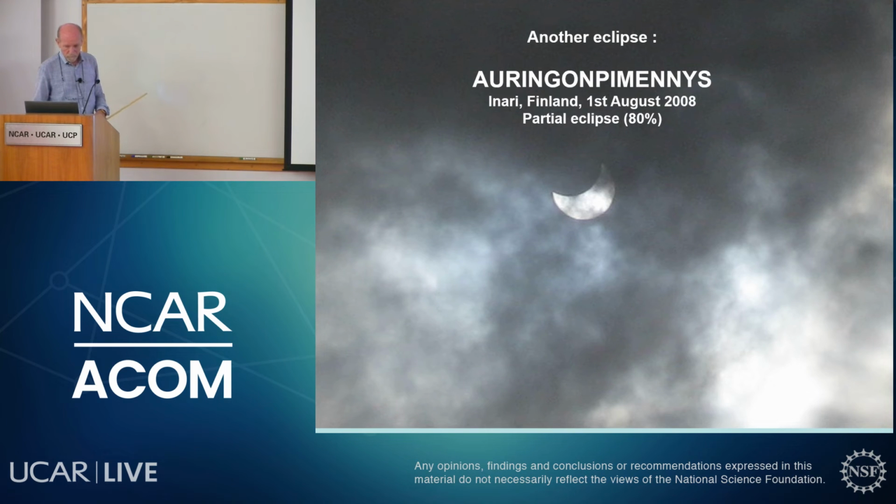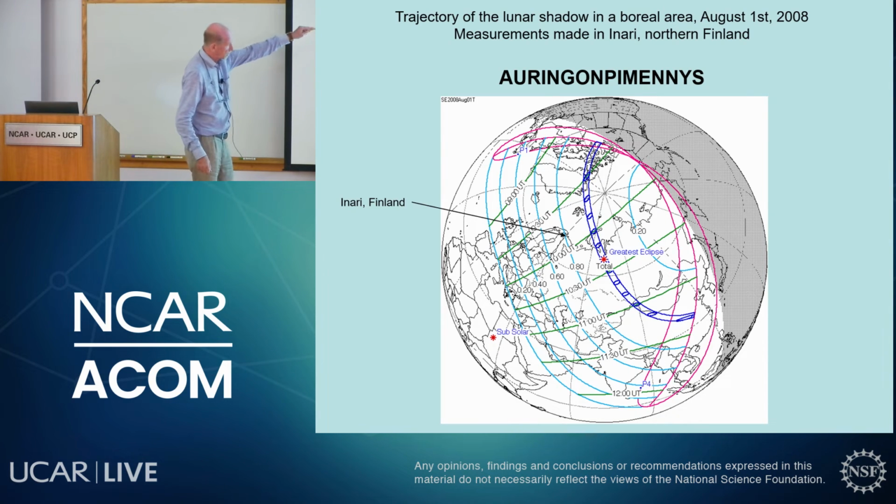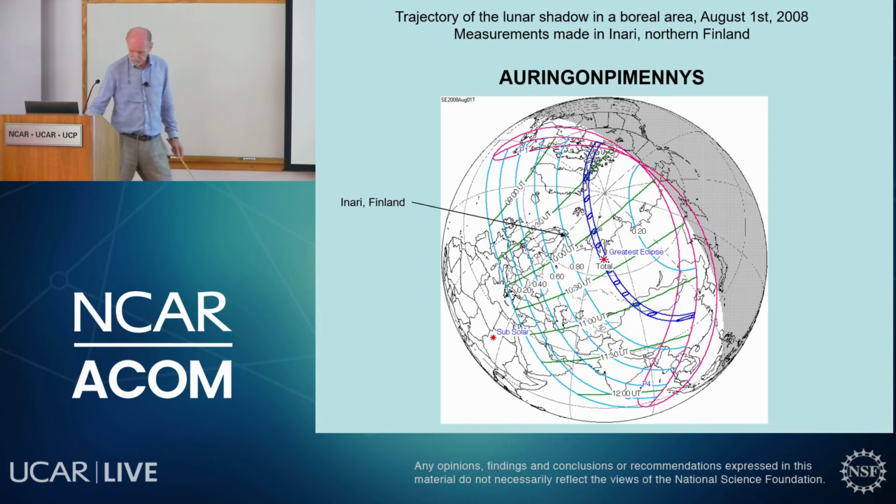So they used the eddy covariance system in northern Finland, where the eclipse went to 80%. This is the trajectory of the eclipse, which was really on the Boreal Sea, but the measuring spot was here, so not so far from the total phase.